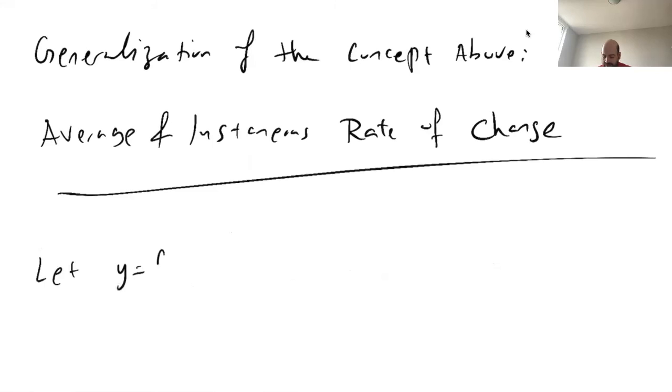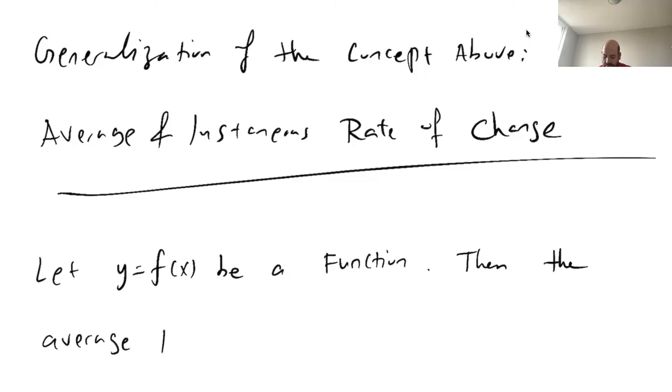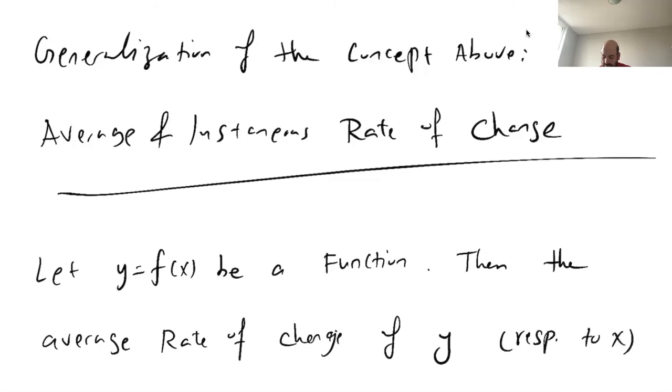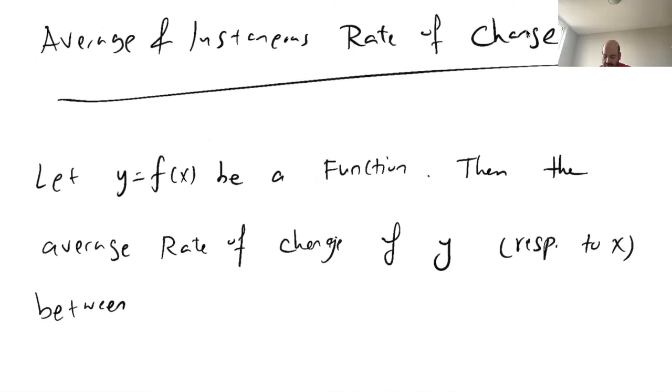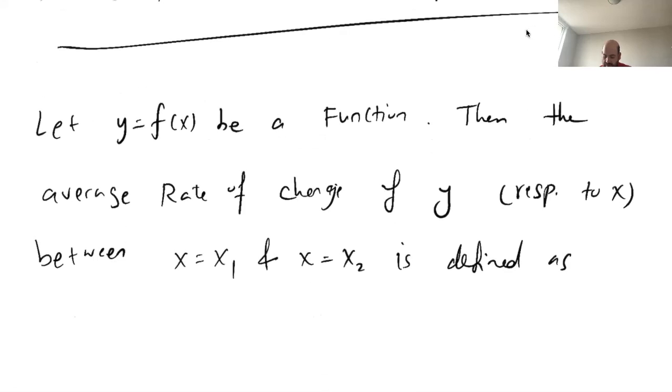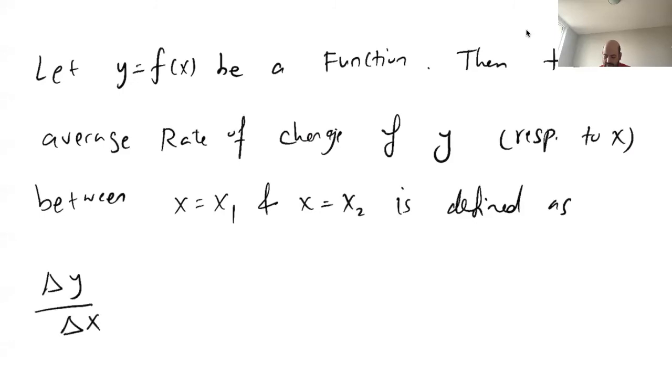So let y equal f of x be a function. Then the average rate of change of y with respect to x between, let's say, two certain values, x equals x1 and x equals x2, is defined as delta y over delta x, which is f of x2 minus f of x1 divided by x2 minus x1.